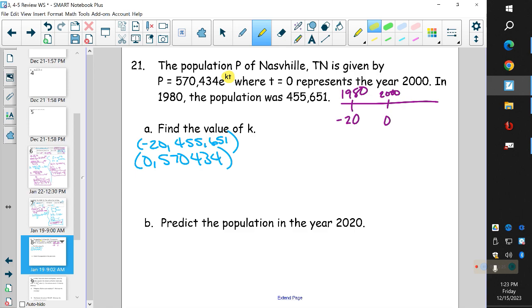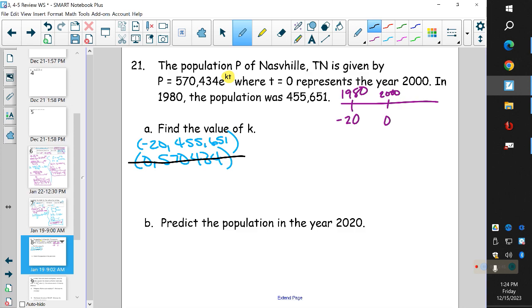So therefore, that means that when the population was at year 2000, meaning t was 0, the population was 570,434 people. Yes? Okay, now, realistically speaking, we do not need this point because we have already utilized it, correct?